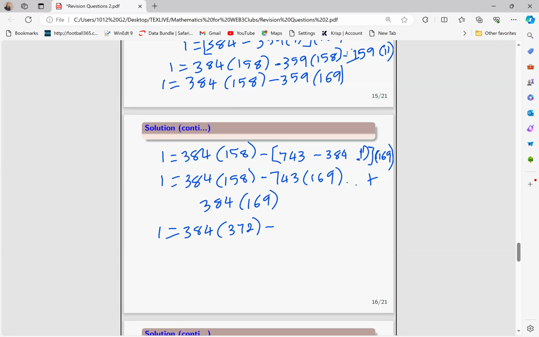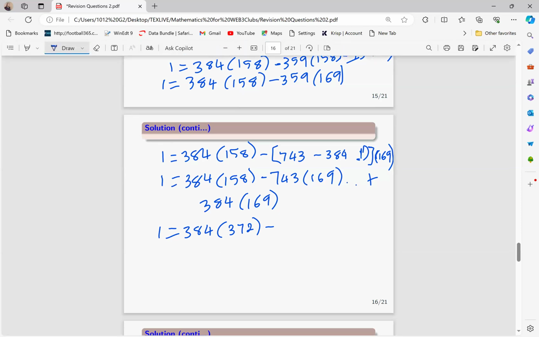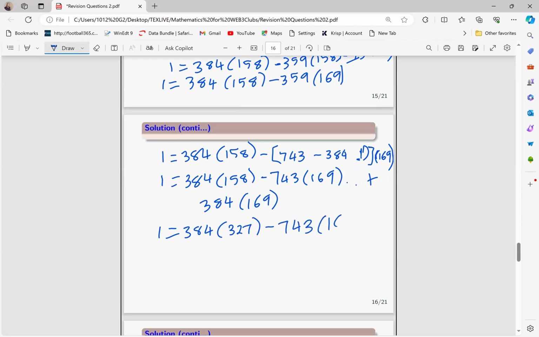Then it will be minus 753, which is 3 to 4, plus 753 times minus 169.